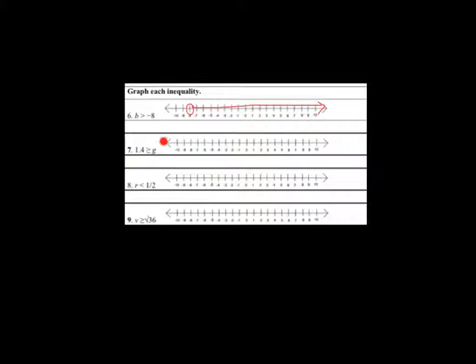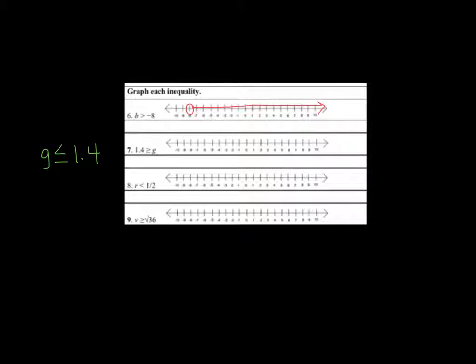So for number 7, I'm going to rewrite that. When you rewrite it, we're going to put G, and so you read it from right to left. So how does G compare to 1.4? Well, G is a number that's less than or equal to 1.4. So when you rewrite, you need to remember to flip your inequality.